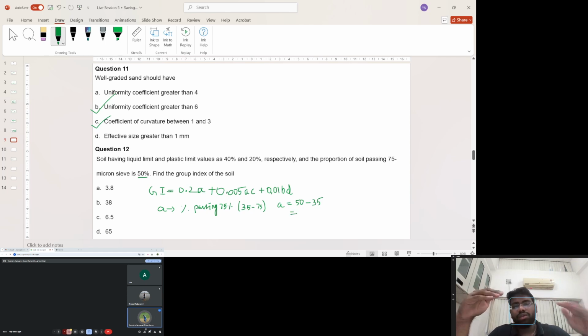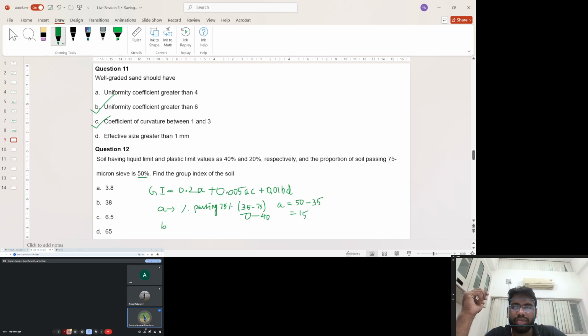That is the additional percentage of soil passing the 75 micron sieve beyond 35. It is taken as an integer whose range is from 0 to 40. If this value is 35%, it will be 0. If its value is 40%, it will be 5, like that. So this value is 15.